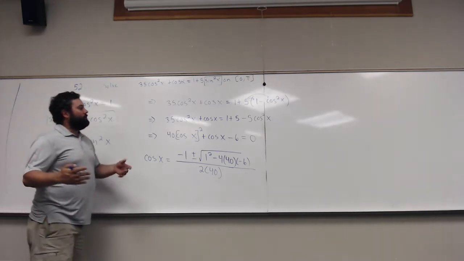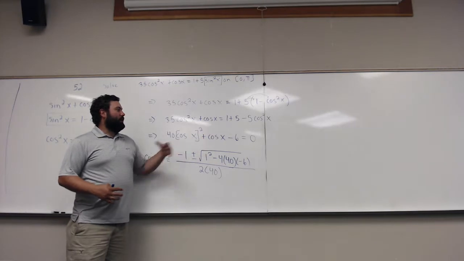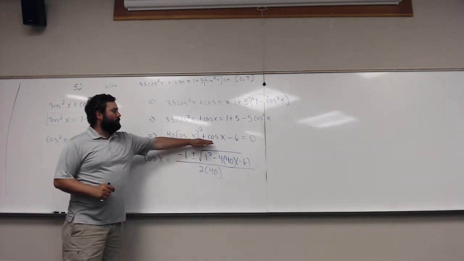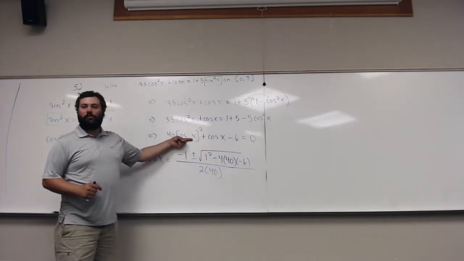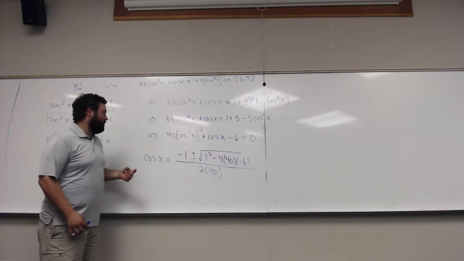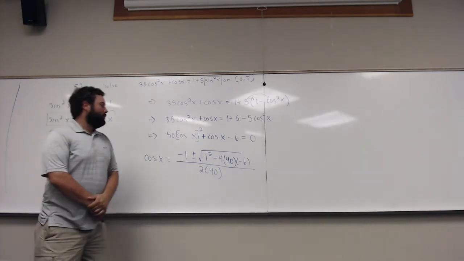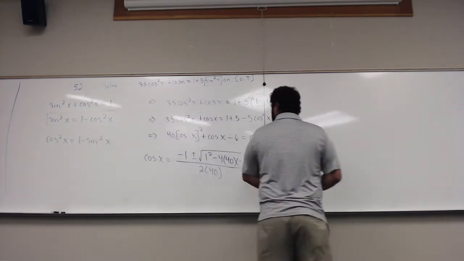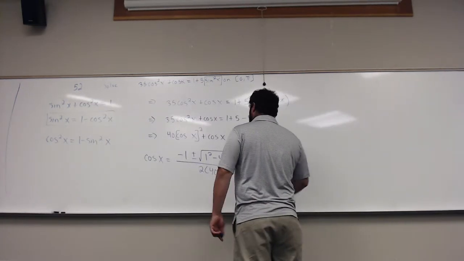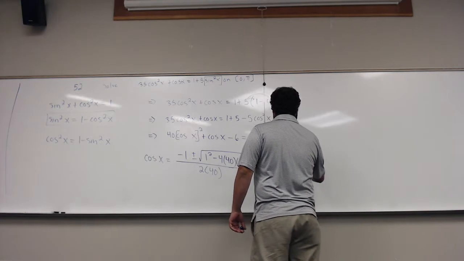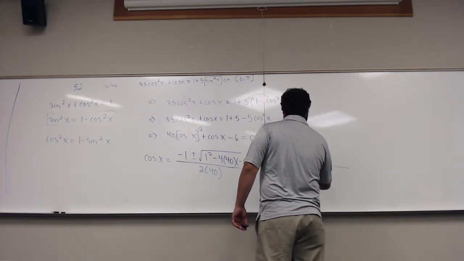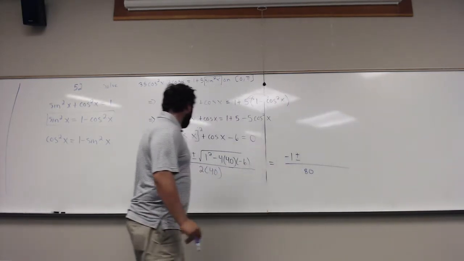I know it's a little bit strange. This is a quadratic equation where I'm really treating cosine of x as the variable, and I can still use the quadratic formula to solve for cosine of x. I don't know if anybody's simplified this yet. Minus 1 plus or minus, you're going to get an 80 in the denominator.